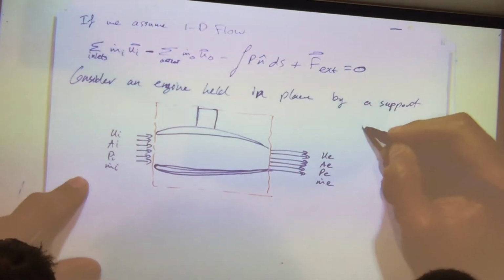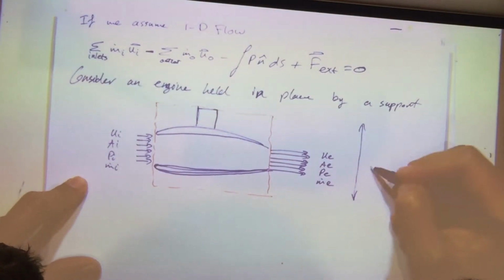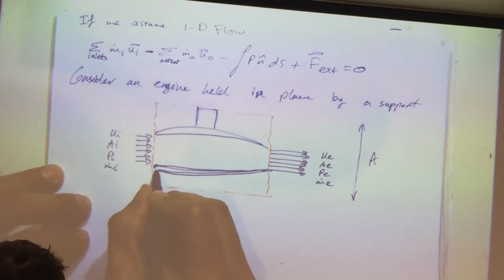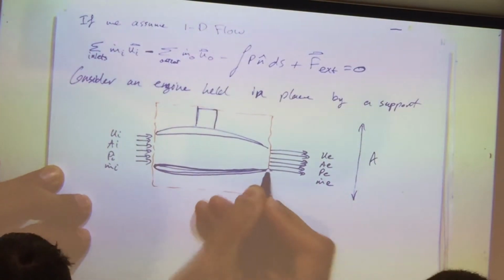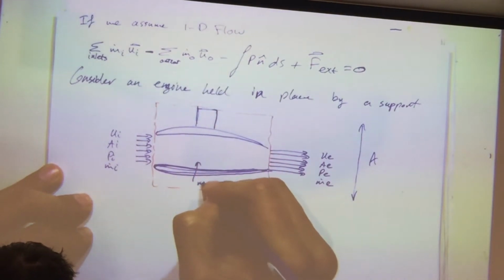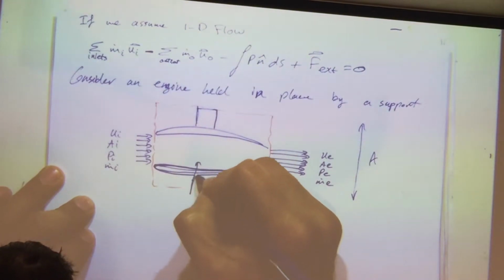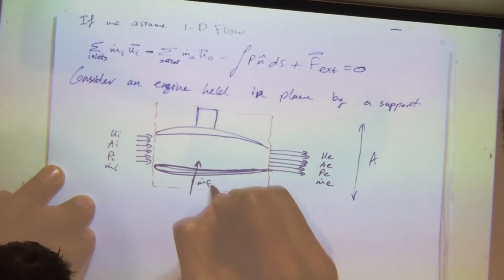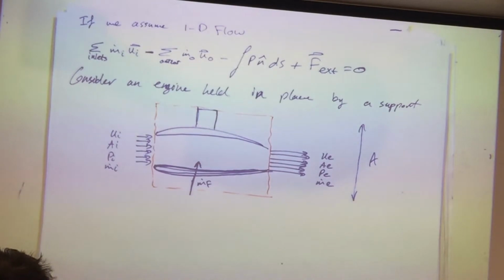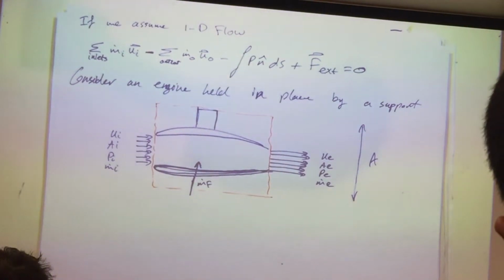And I have some total area like this. And this engine is not going to run out of just producing thrust out of air. I have to introduce some m dot fuel. So coming into the control volume right here, I'm introducing m dot fuel. So that's a mass that's coming into the system. And that's my system overall.